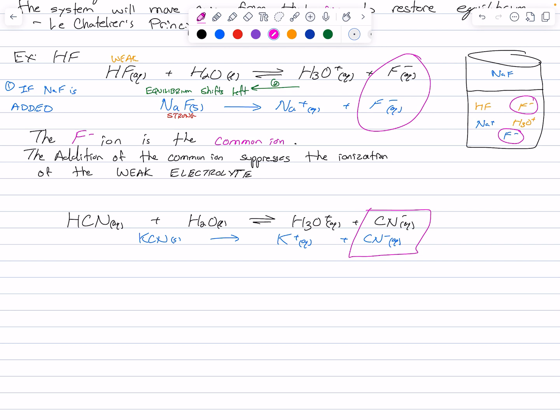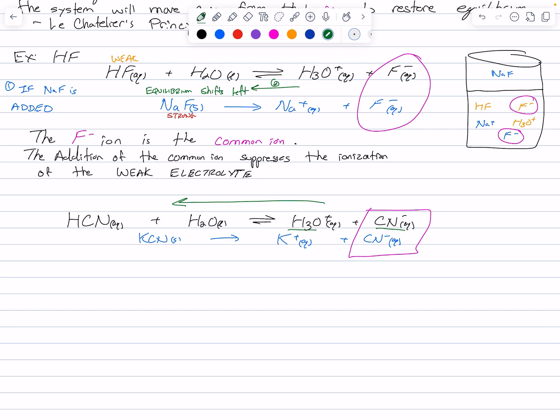So HCN, the top reaction, cyanide and hydronium will meet up and shift the reaction back to the reactants to make more hydrocyanic acid.